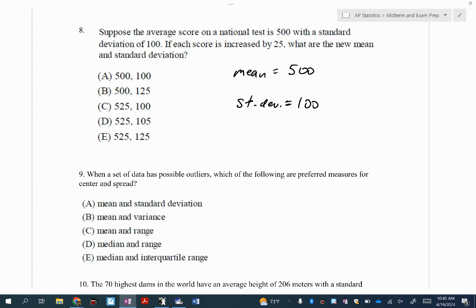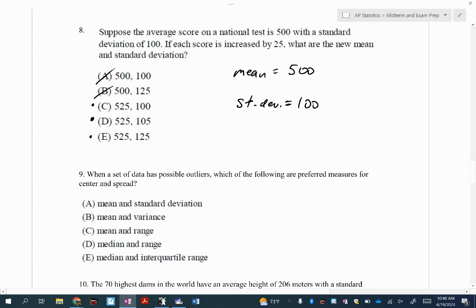All right, so this goes back to something we talked about in chapter 6, okay? If you take all of your data values and shift them by adding a constant or subtracting a constant to them, your measure of center, your mean, will change, right? What's going to be my new mean? It's going to go up 25 points, right? 525. So it's not going to be these. It could be C, D, or E.